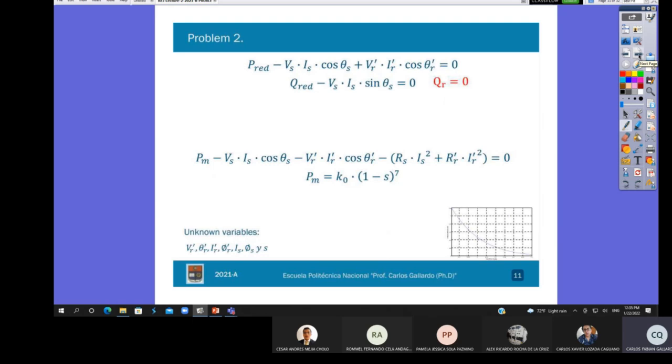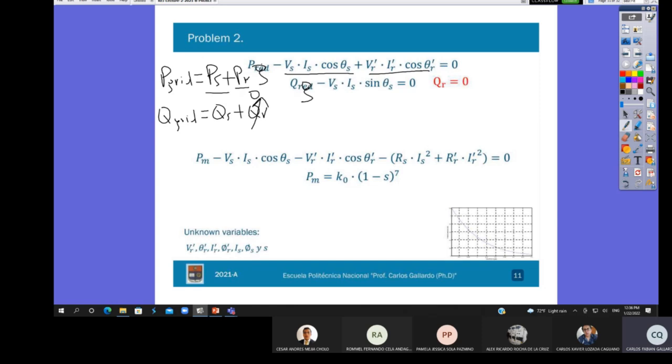Applying the power balance, I will have the active power grid and the reactive power grid. The active power grid is equal to the stator active power plus the rotor active power. The reactive power grid is equal to the stator reactive power plus the rotor reactive power, assuming this value is equal to 0. So the stator power is this term, and the rotor active power is this term.